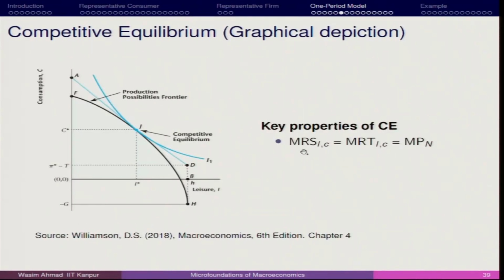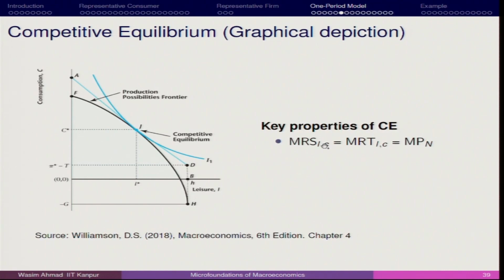So how much you can convert labor into consumption, leisure into consumption, and how much transformation possibility you have of converting consumption into leisure. This is what it talks about, because these two are the goods that we are examining.